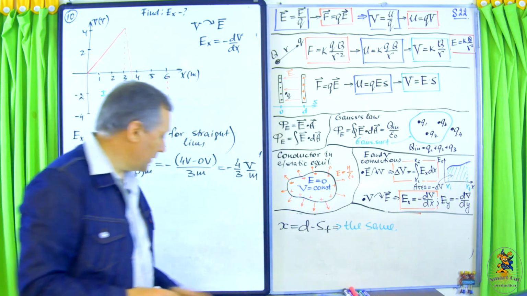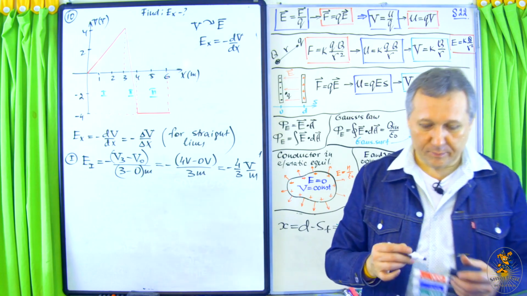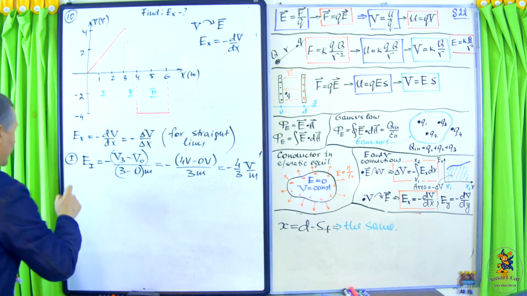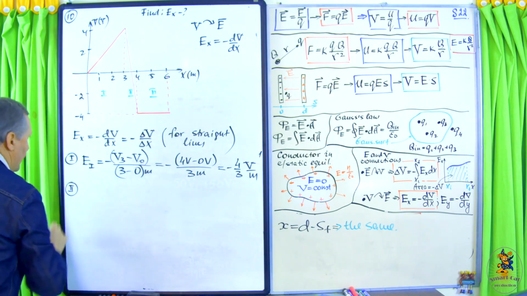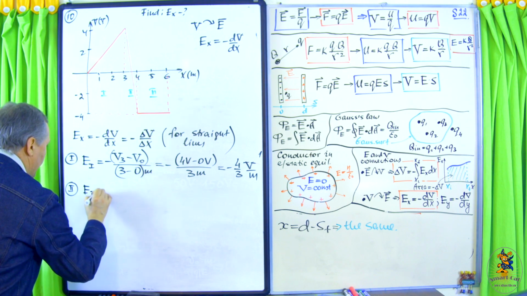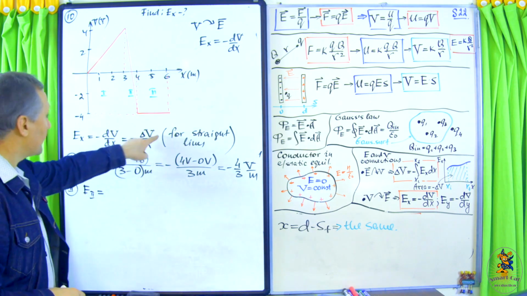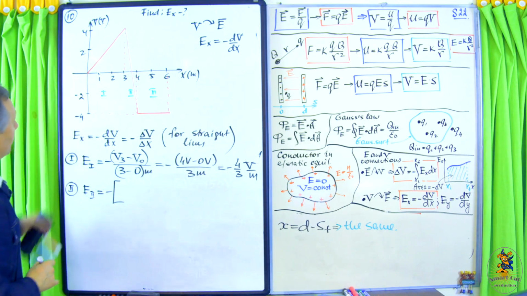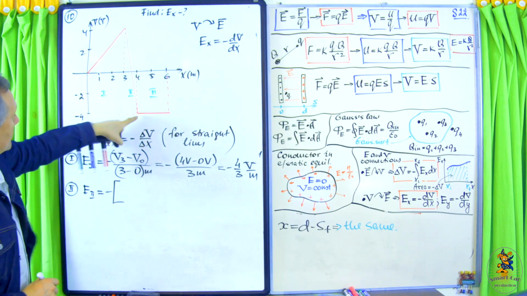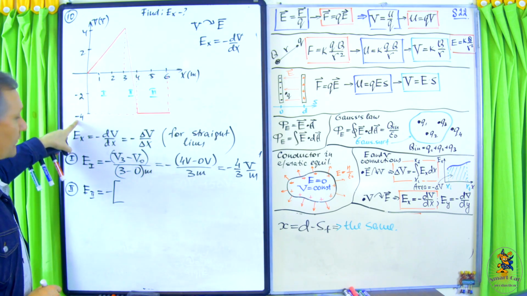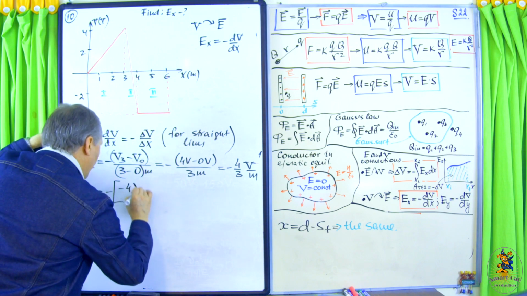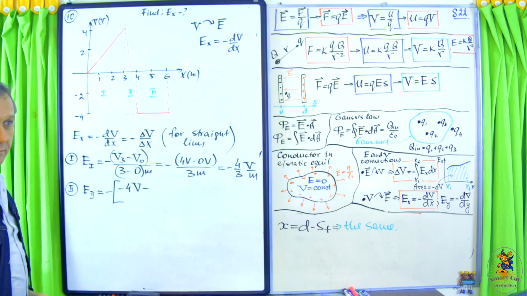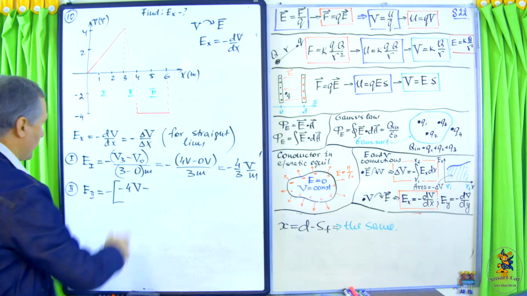As I told, these problems are even easier than the previous one. So now region number 2, E sub 2. Again, it will be minus delta V over delta x. The final value of V is at this point, which is minus 4 volts. Then minus, because it's delta, right? Final value of potential minus initial value of potential.